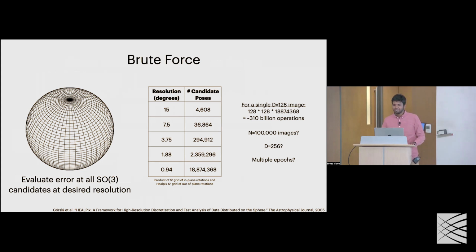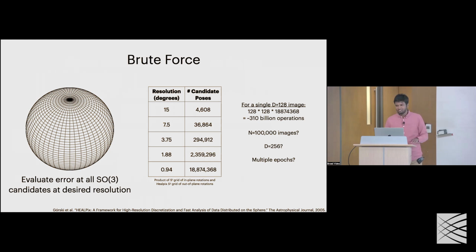If your images are of size 128 by 128, even for a single image, computing a reprojection error or doing a back projection is going to be on the order of 310 billion operations. Now we have hundreds of thousands or millions of images, larger images, and we need to run EM in an iterative manner. And so this just becomes completely intractable.